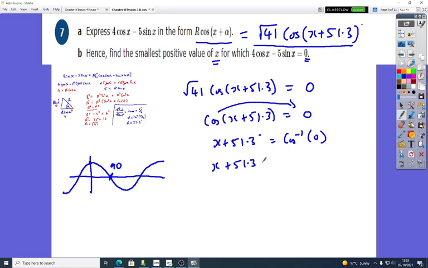You could say that's minus 90. You could say that's 90. And I'm going to use this one too, just in case I need it. So that's going to give me, anybody? 270.